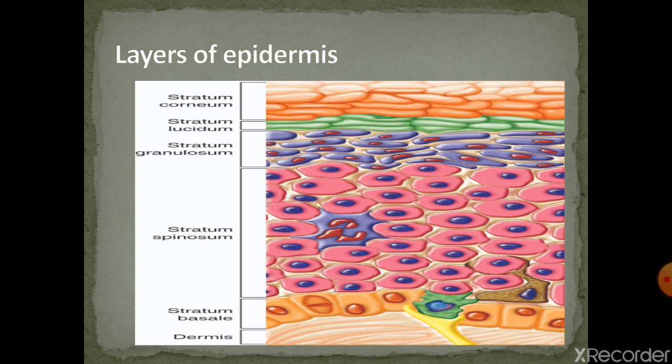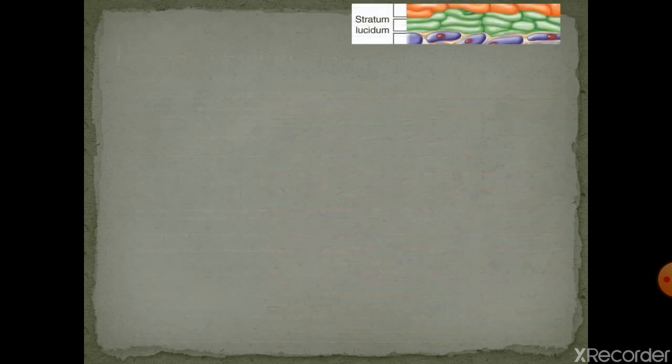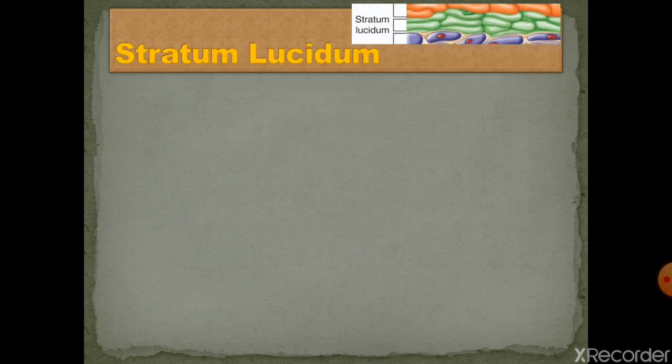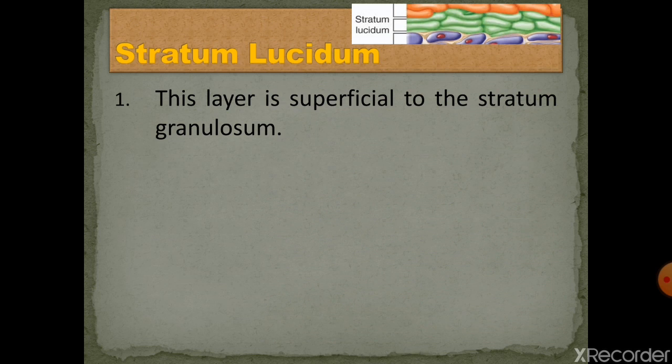The first and the outermost layer, that is stratum corneum, is already explained in previous video, you can watch. Now let's start with stratum lucidum. This layer is superficial to the stratum granulosum, or you can say the stratum lucidum is present just below the stratum corneum.